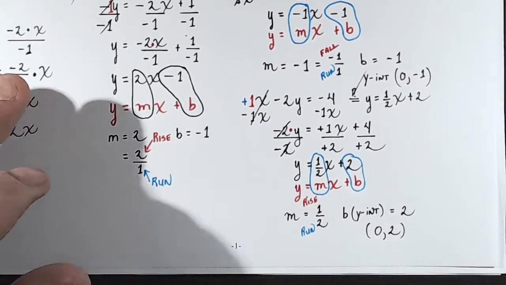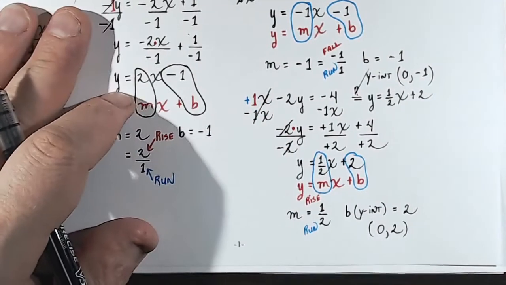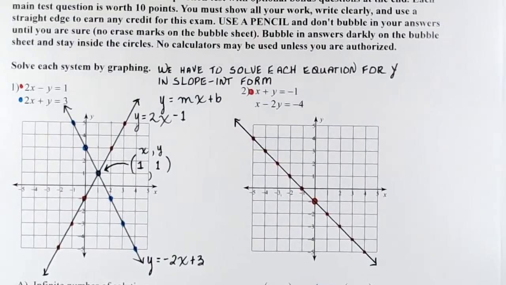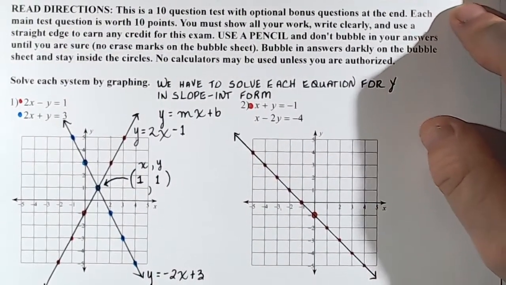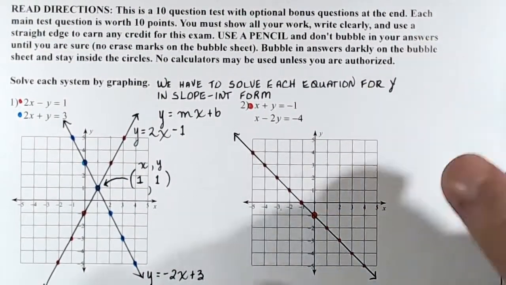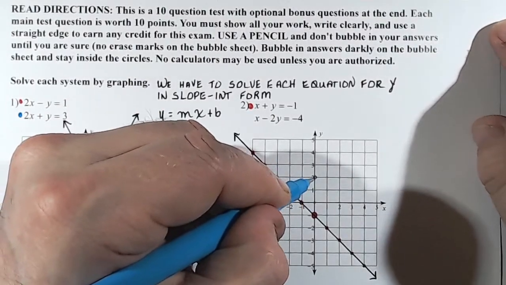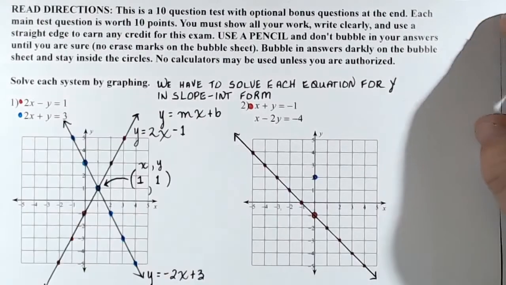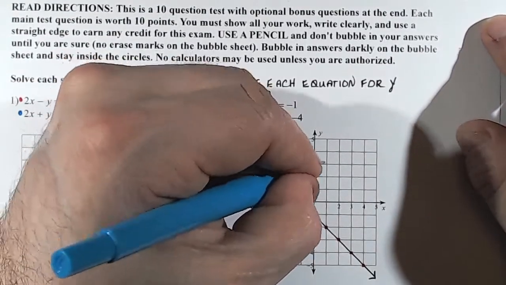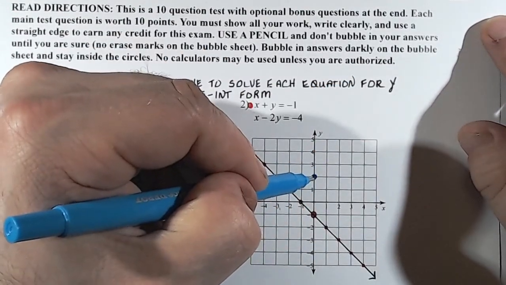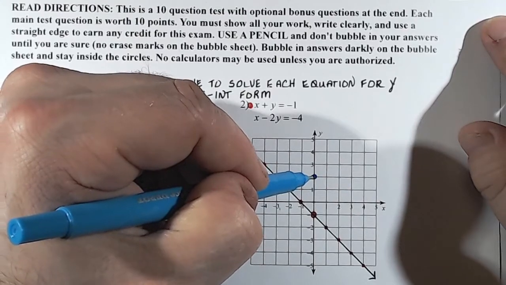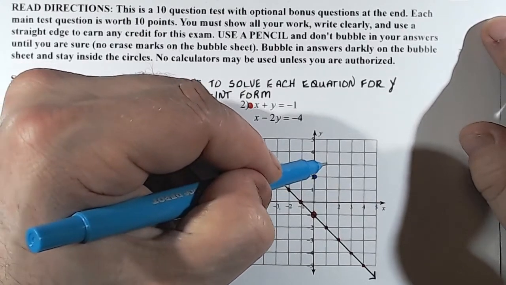So let's go up to our graph and let's plot all that. Let's find 2 on the y-axis, 0, 2. So I start at the origin and go up 2 and plot this point here. And then starting at that point, I'll use rise over run. So my rise was 1 and my run was 2.